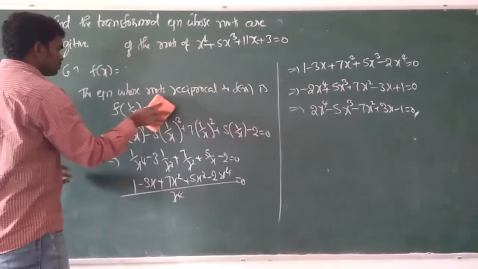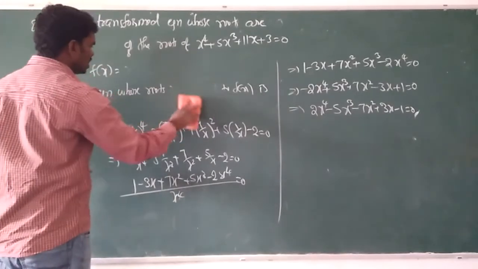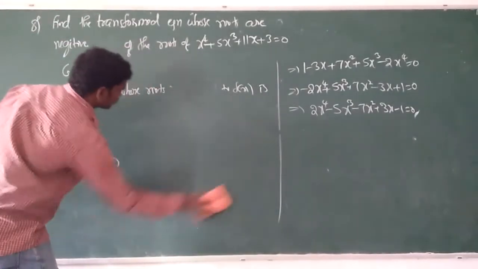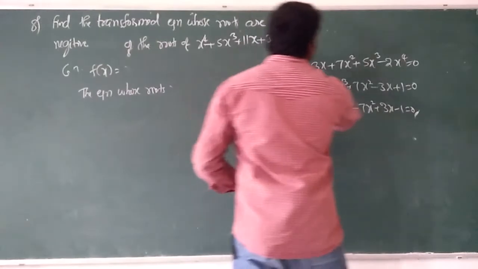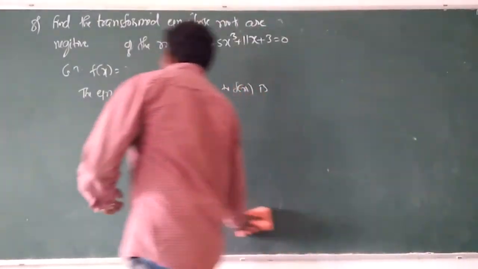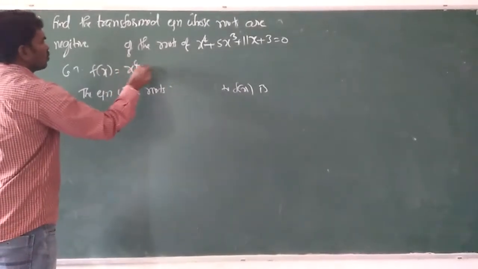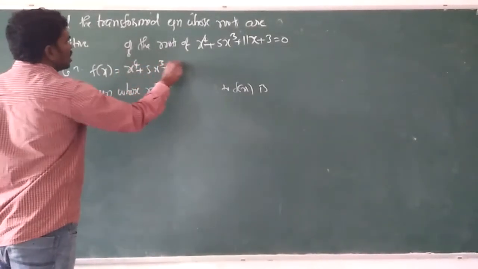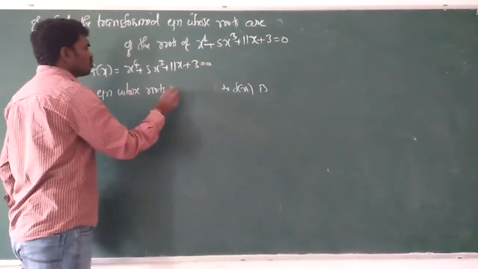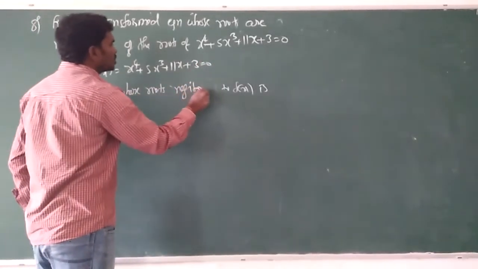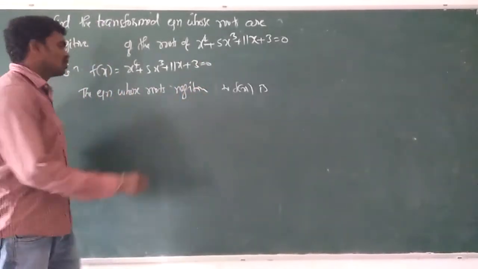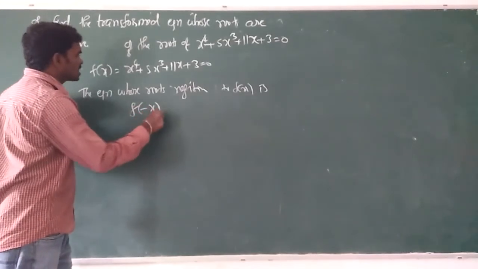You do it not by reciprocal. Here negative roots. What is f of x? x power 4 plus 5x cube plus 11x plus 3 equal to 0. Negative roots means what? Very good. f of minus x equal to 0. Negative means f of minus x equal to 0.